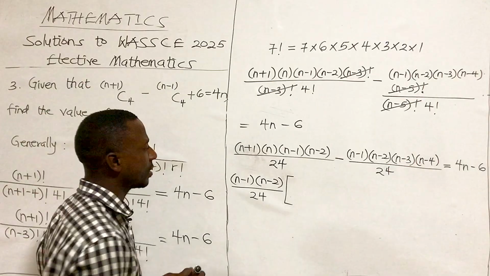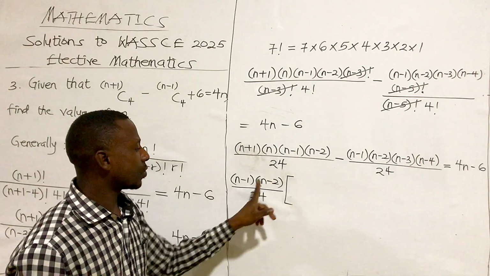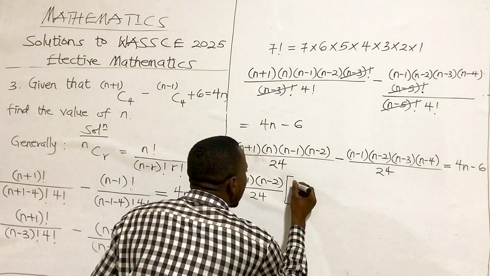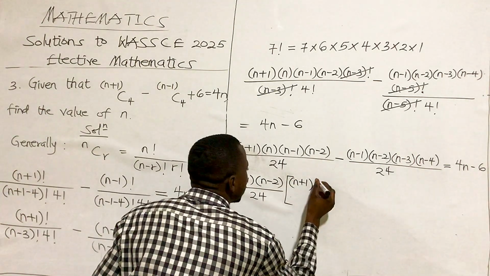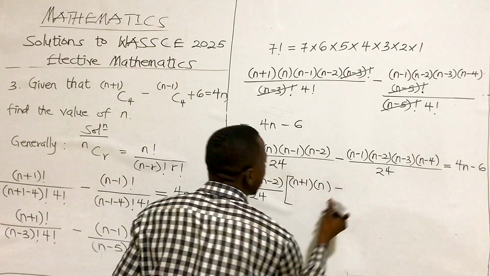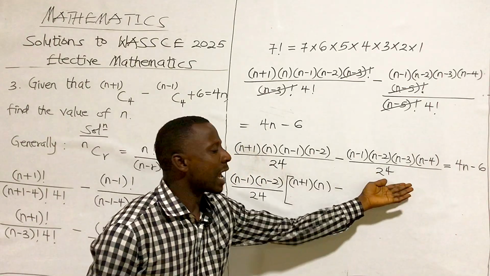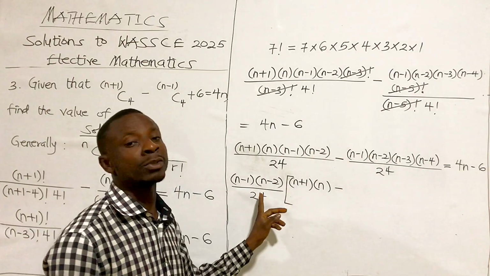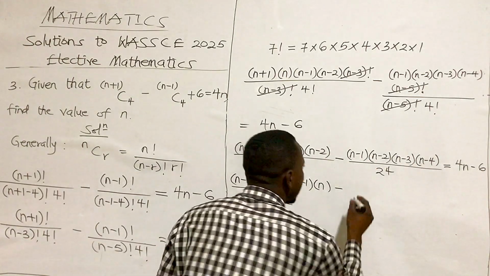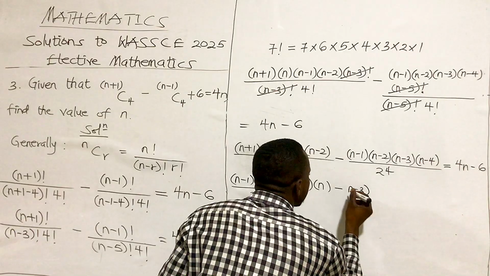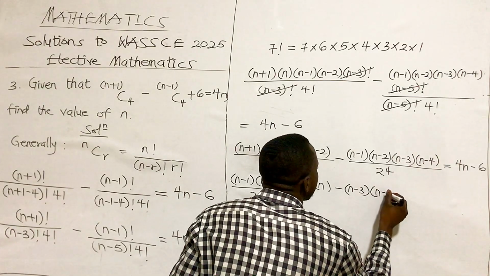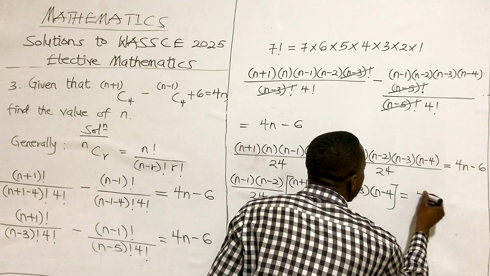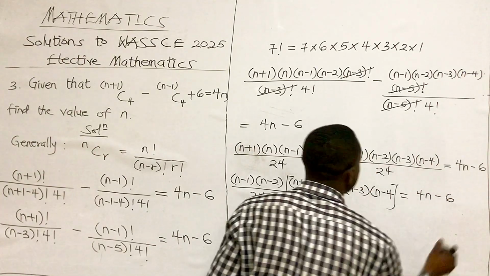In a big bracket, n minus 1 is already here, n minus 2 is already here. So it will be left with n plus 1 and then n minus. When I get here, n minus 1 is here, n minus 2 is also here. It is also left with n minus 3 and n minus 4, which is equal to 4n minus 6.